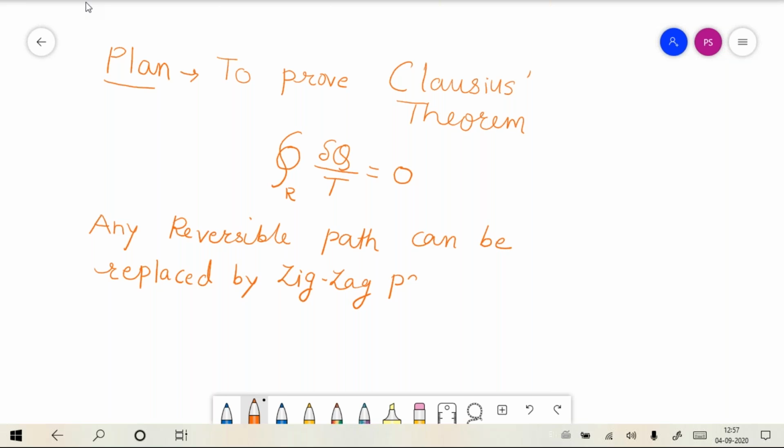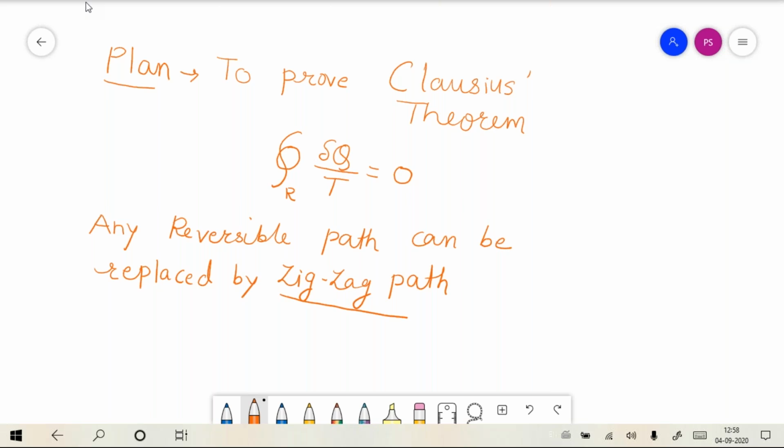And what are the three processes? Of the three processes, two would be reversible adiabatics. And because we have already proved that these two reversible adiabatics cannot intersect with each other, there has to be some process in between.